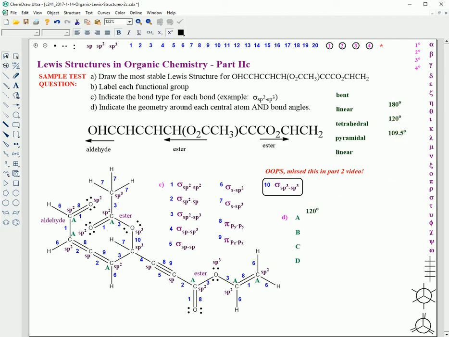The angle will be 120 degrees. When those 3 things are all atoms, we call it trigonal planar, which is not on my list yet. Bear with me. There's your updated list.